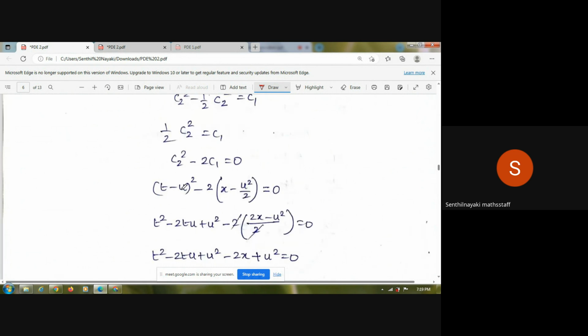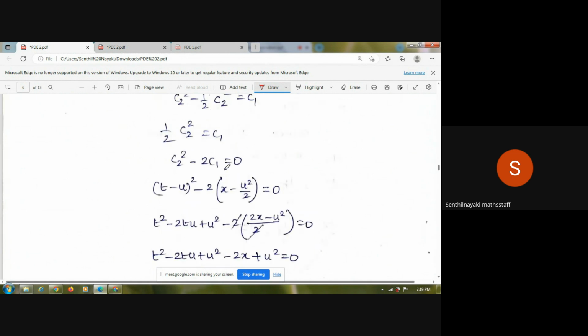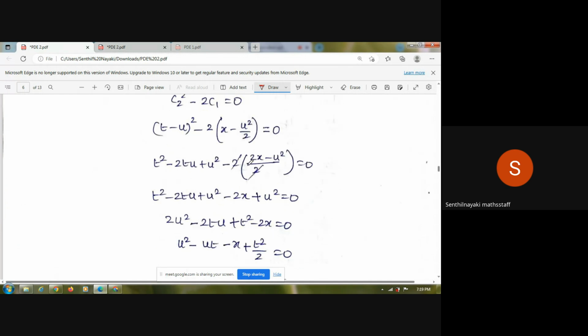So c2 is t minus u, and c1 is x minus u square by 2. Substitute these two values here. So t minus u the whole square minus 2 into x minus u square by 2 equal to 0. After simplifying this, we get a quadratic equation in terms of u.